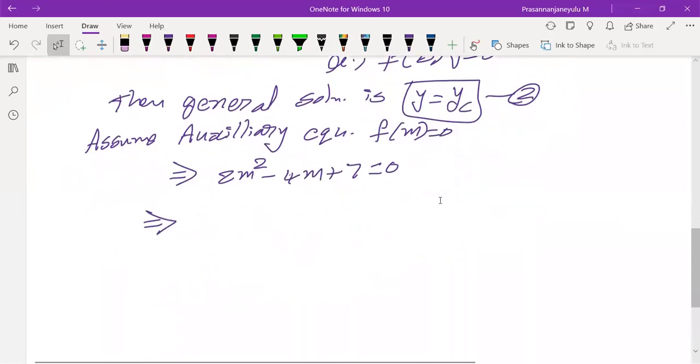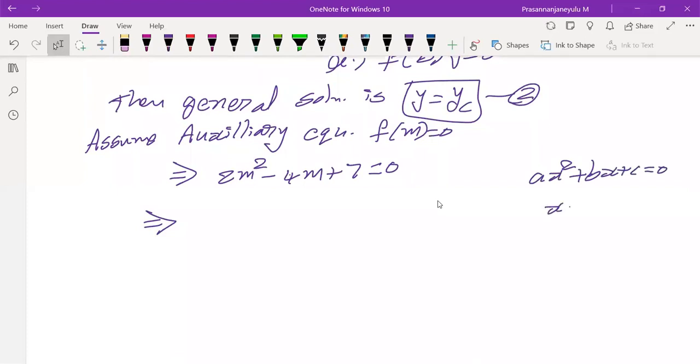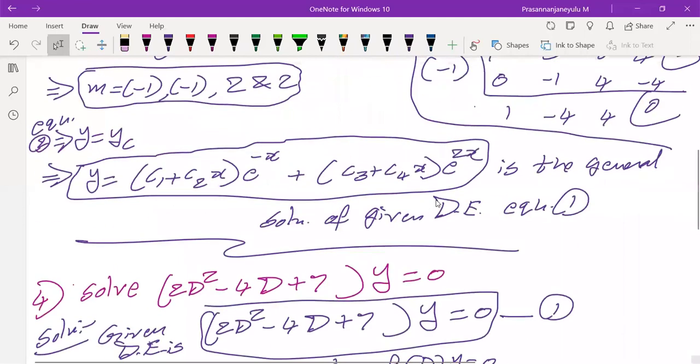How to find the roots of a quadratic expression? What is the general form of ax square plus bx plus c equals to 0? x equals to minus b plus or minus root of b square minus 4ac by 2a.